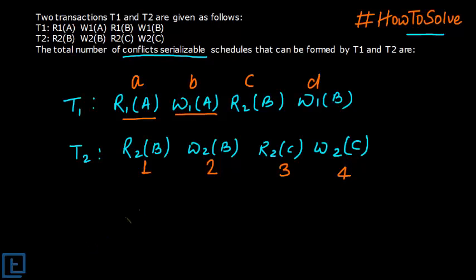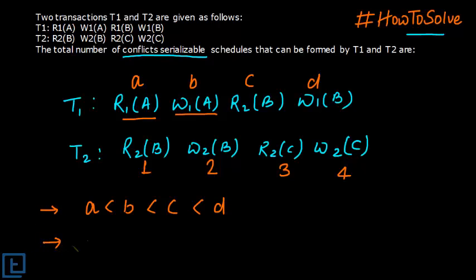As we know these basic operations should be in order, so we have one constraint: A should be less than B, should be less than C, and C should be less than D. This is one of the orders we have to maintain.